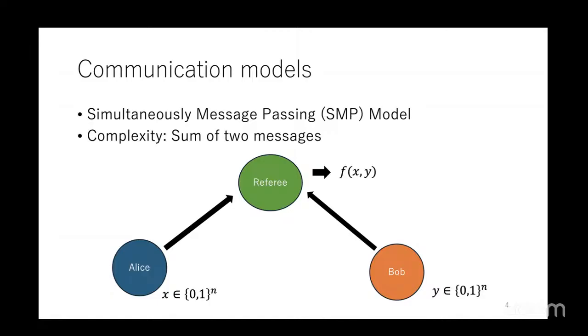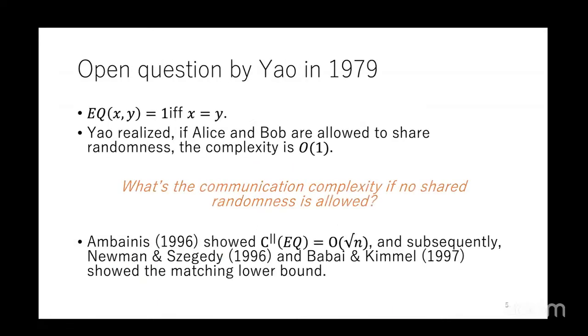The complexity of the model is the sum of the two messages from Alice and Bob. The most basic function in communication complexity is the equality function.